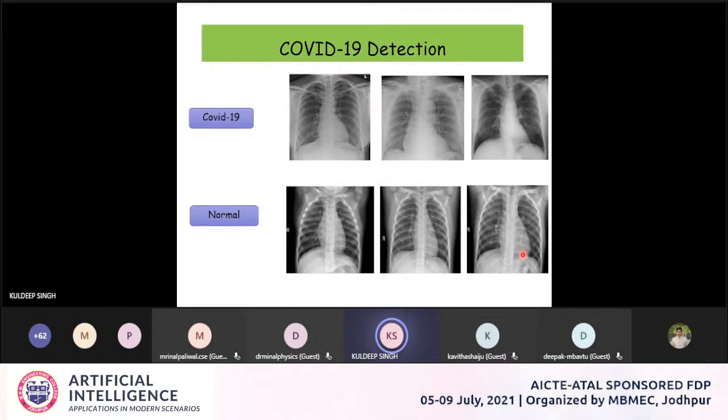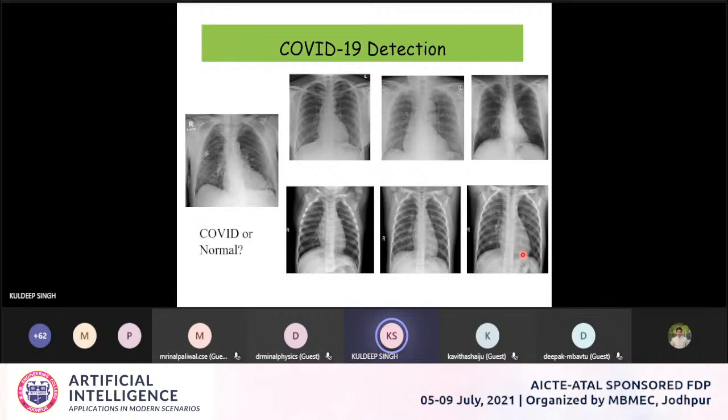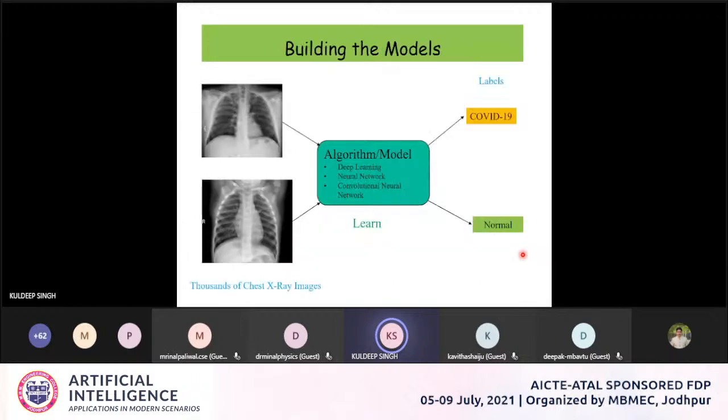We provide examples, and based on those examples, these models learn. And once they are trained enough, they will be able to identify or diagnose a new chest X-ray image, whether it belongs to normal category or COVID category.